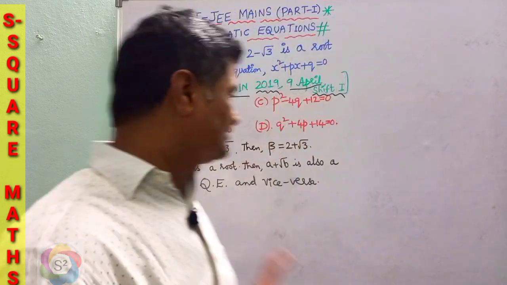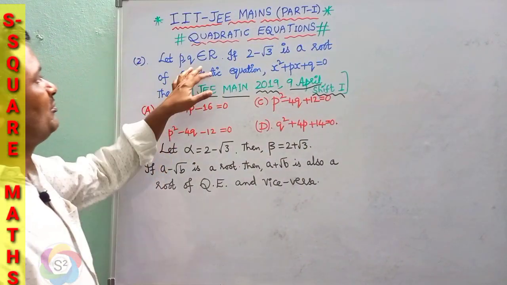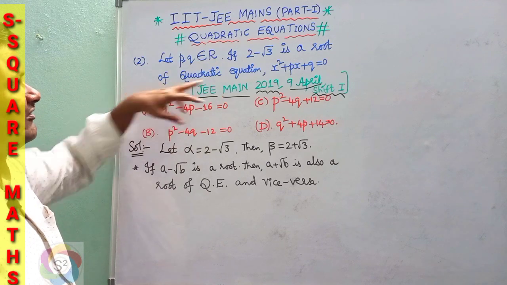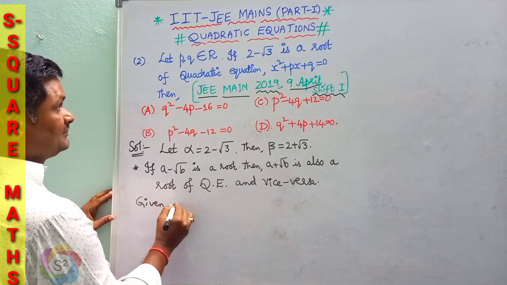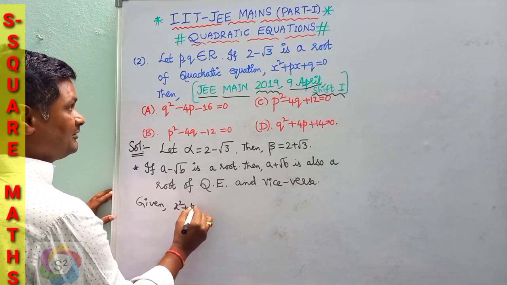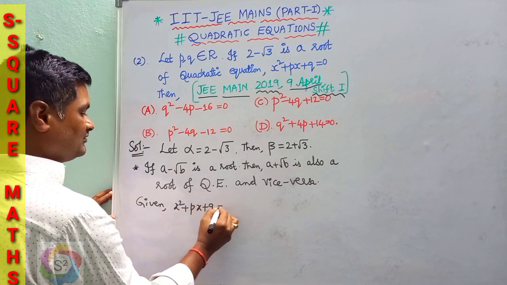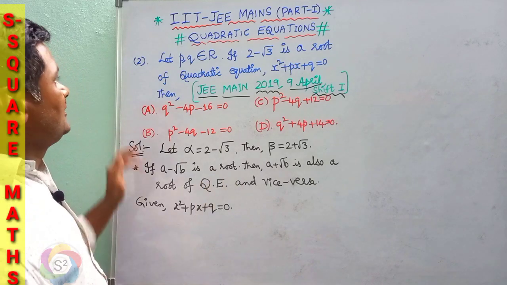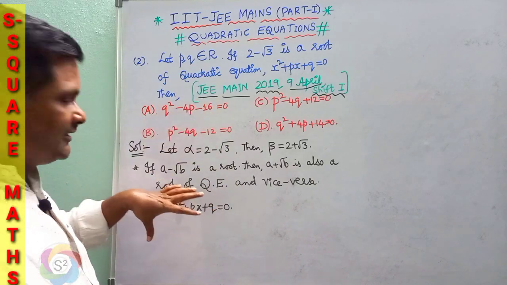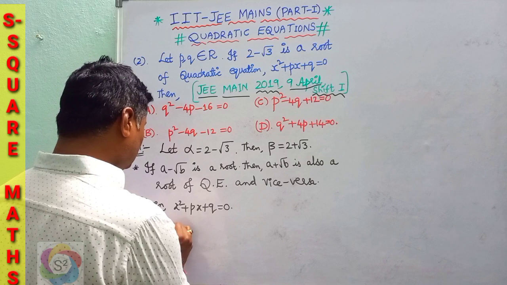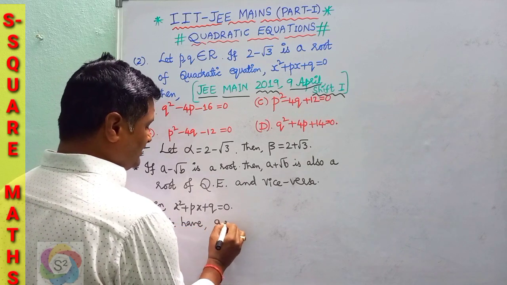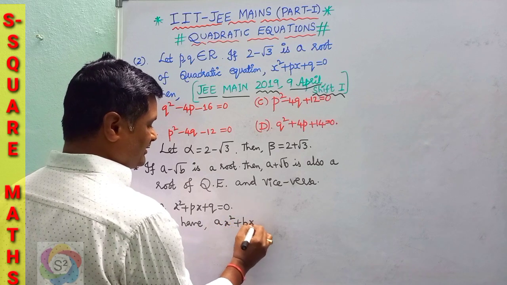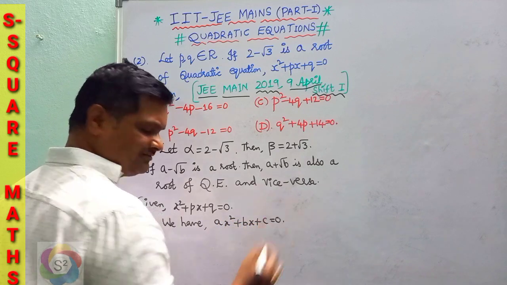Next, p and q belong to real numbers, and the given quadratic equation is x square plus px plus q is equal to 0, and alpha and beta are the roots here. So we have ax square plus bx plus c is equal to 0 as a quadratic equation.